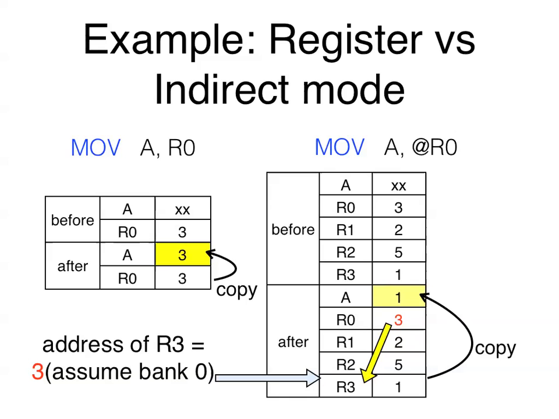But if you move A comma at R0, and R0 contains 3, then you go to address 3. And if address 3 is the same as bank 0 R3, then it grabs the 1 from address 3 and writes it into A. So they do different things. That's one extra level of indirection.